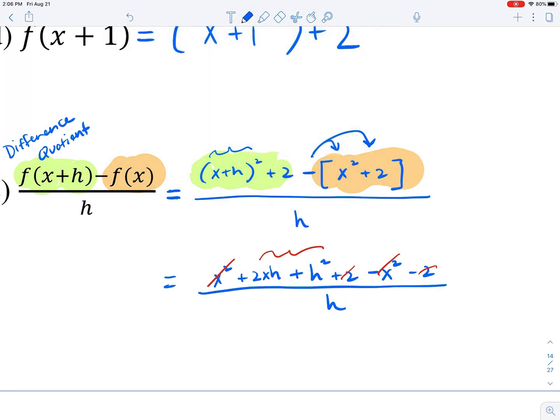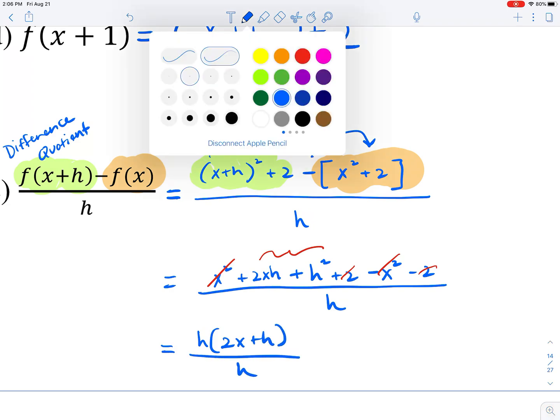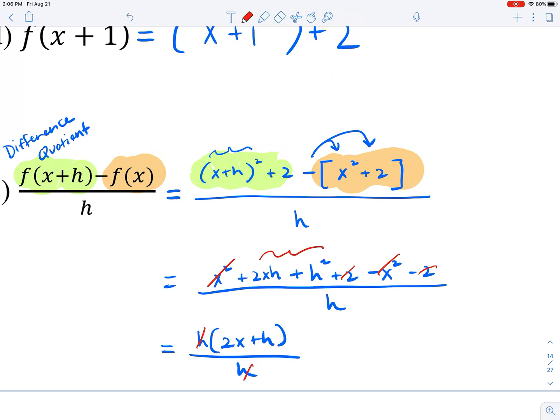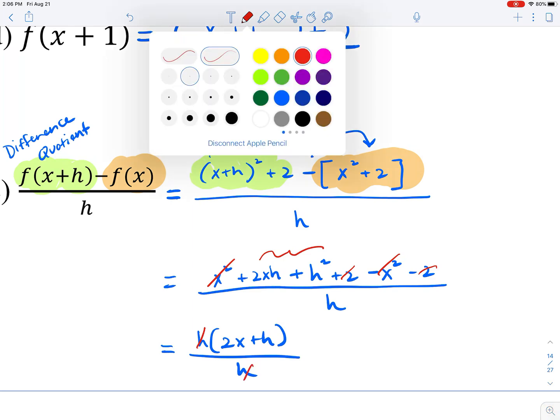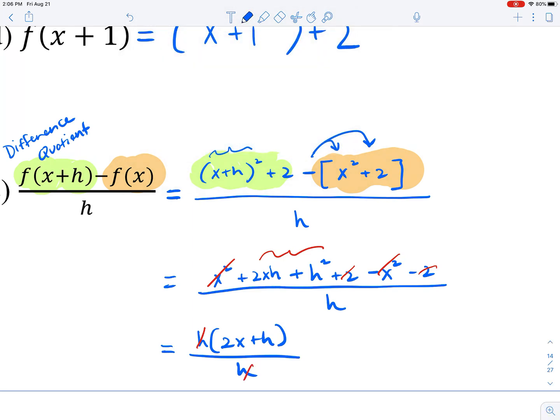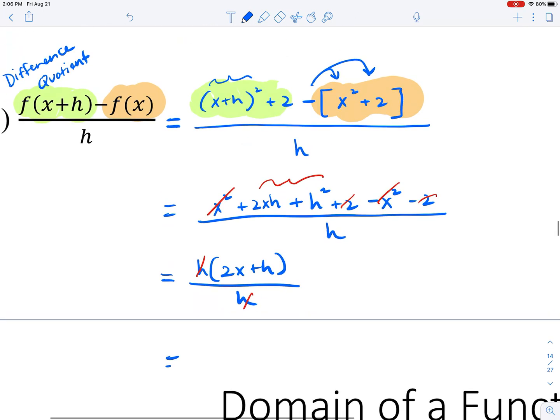And then notice if we were to factor an h out in the numerator, okay, we could get the h in the denominator to cancel, so we're actually just left with 2x plus h. Okay, this probably doesn't mean much at the moment. I put this on here just looking ahead a little bit, but to practice with function notation.